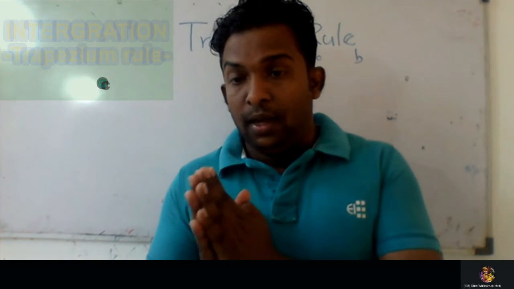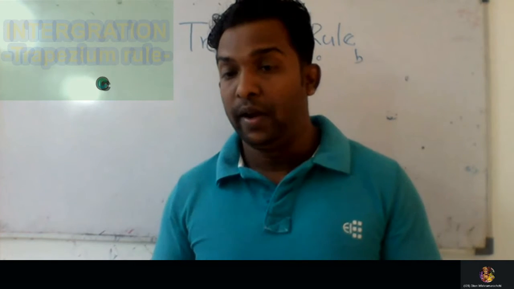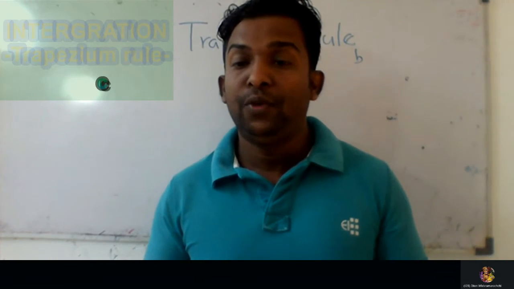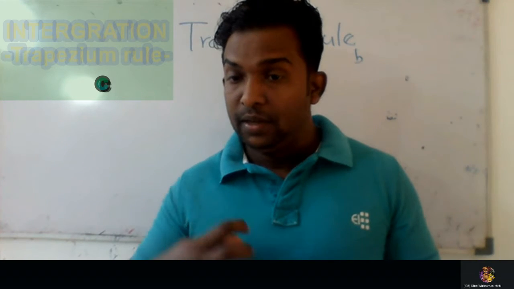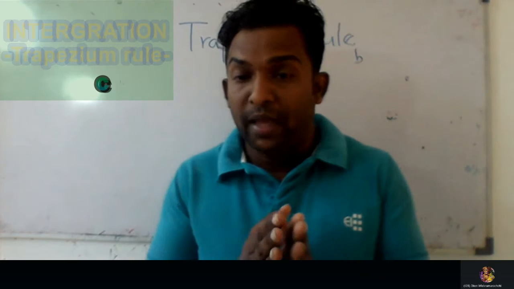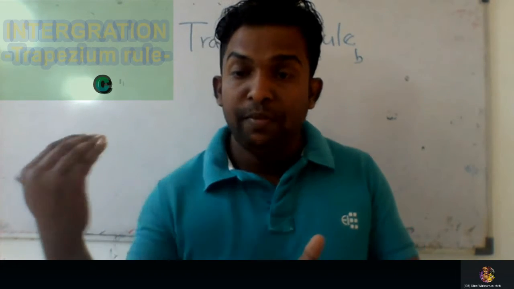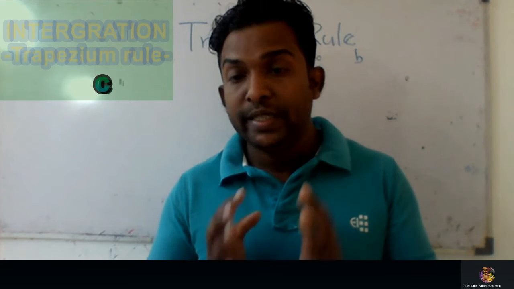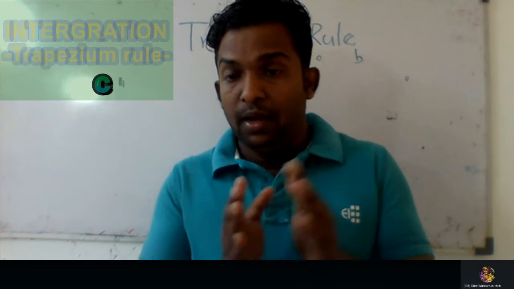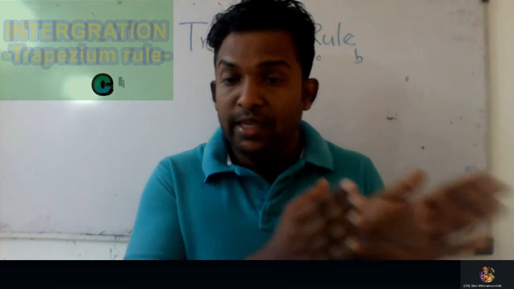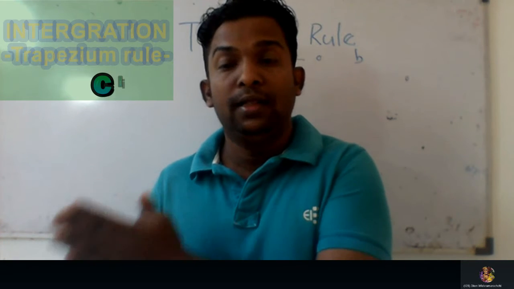But if that practical function is hard to integrate, then we have to have some other method, right? This trapezium rule is a method to get an approximation for the integration. Since the integration is area under the graph, this trapezium rule is giving some approximation value for the area under the graph.